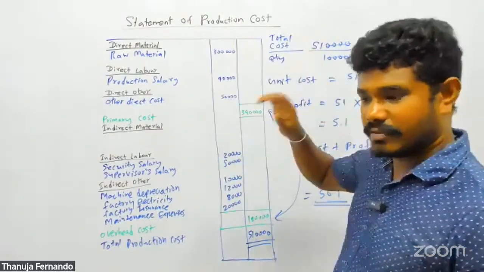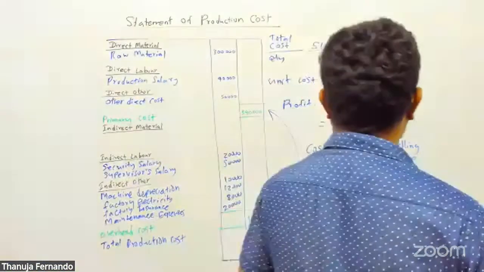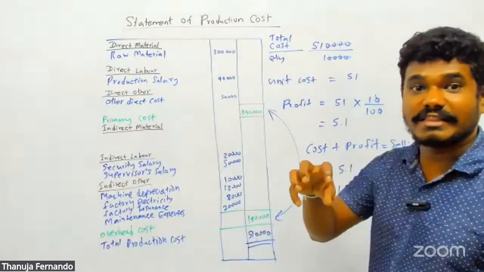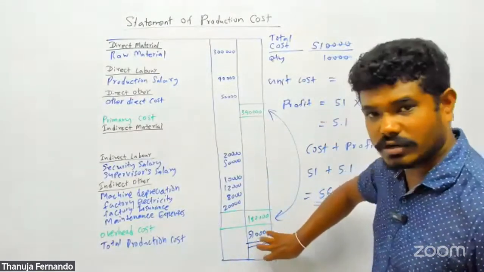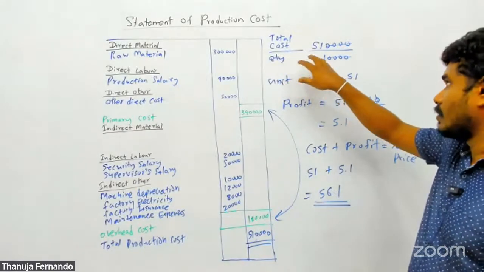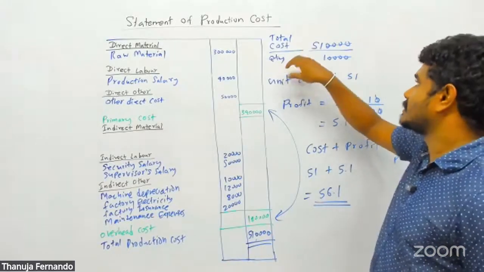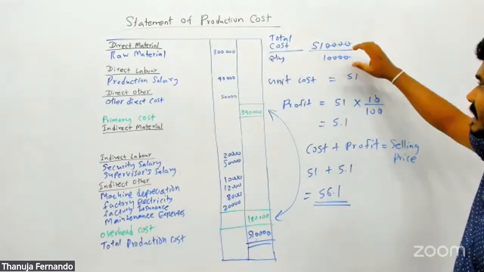Then they are asking the selling price. To get the selling price, first of all, we have to identify the unit cost. This is the total cost. When we divide it by the quantity of goods, the units, then we can get the unit cost.